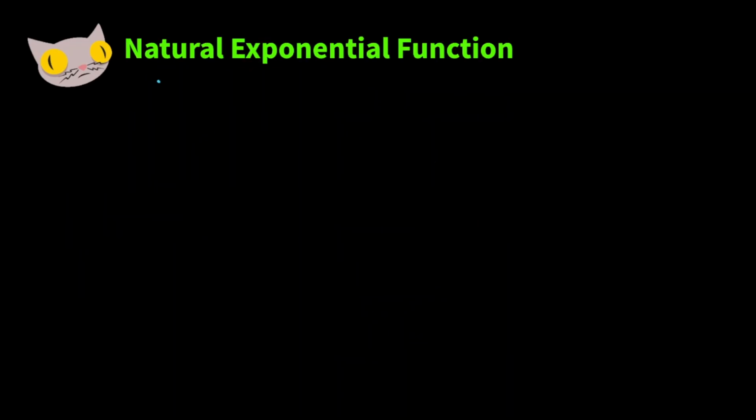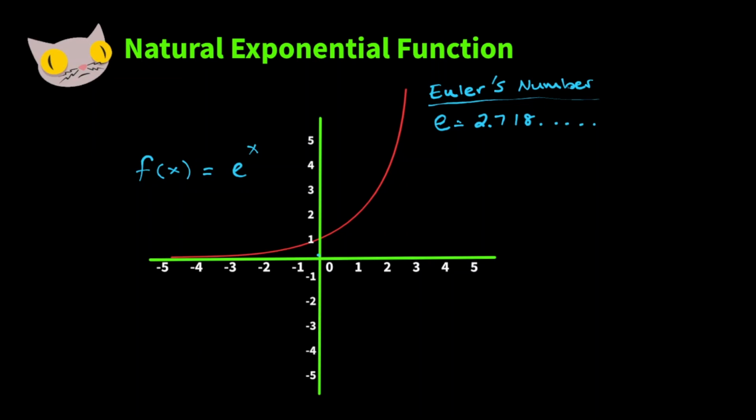Next, let's talk about the natural exponential function, where f of x is equal to e to the x power, where e is equal to 2.718 and so on. It's an irrational number called Euler's number, the graph of which looks something like this.